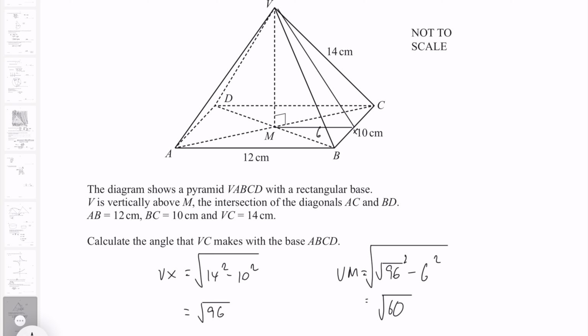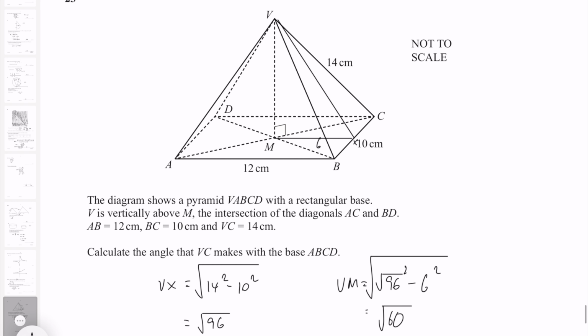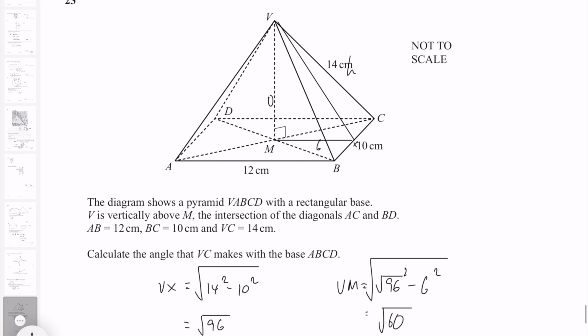So now I want to get the angle VCM. Right? Yeah. So angle VCM. I'm going to use trigonometry for that because I see 90 degrees. VCM, let's go for... Actually didn't need the height. Oh yeah, I needed the height. Okay, so VM is the opposite, and VC is the hypotenuse. So sine, yep, sine.